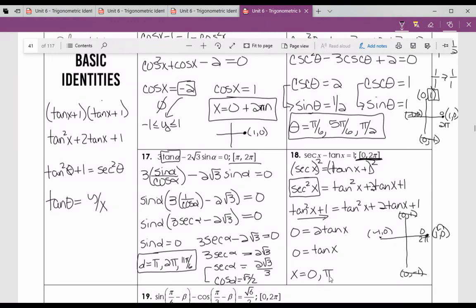Now, the problem is, do both of these answers work? Okay, now, if you plug these two answers in, this does not work. So what that would be is secant at pi minus tangent at pi should give me a 1. All right, so secant is equivalent to 1 over cosine at pi.